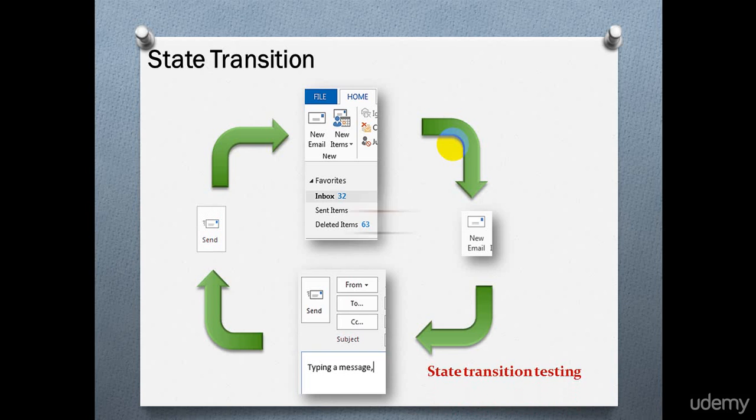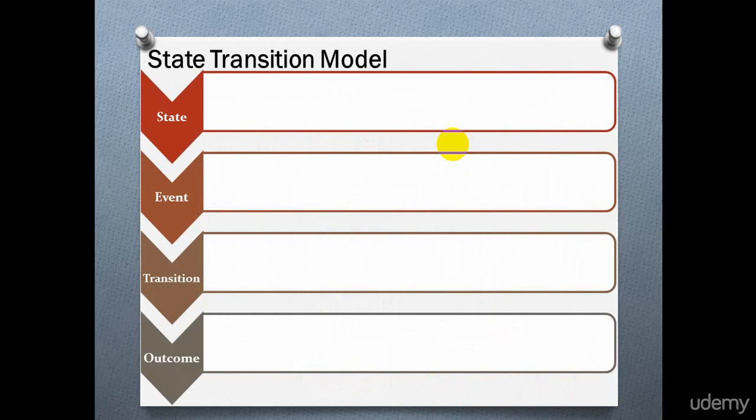Okay, fine. State transition model. In order to test the state transition of an application, you should create a state transition model. The model consists of 4 components: state, events, transition, and outcome. In states, you include all possible states in the application.